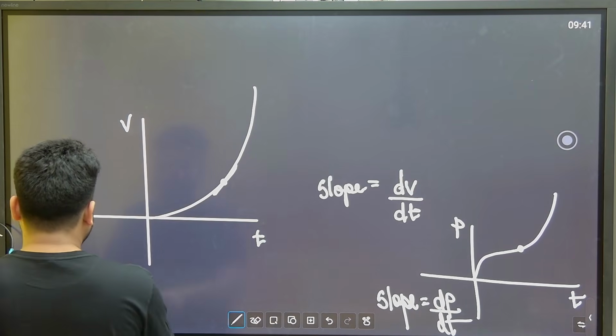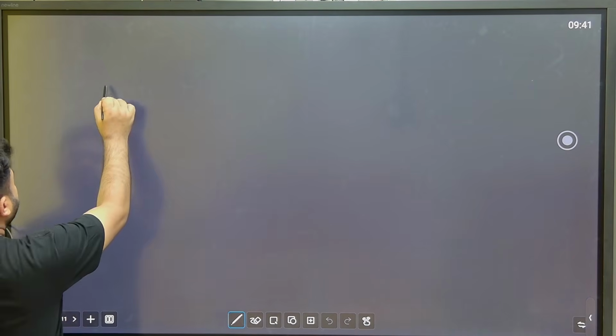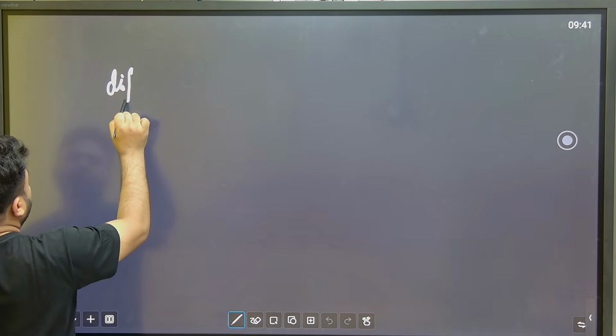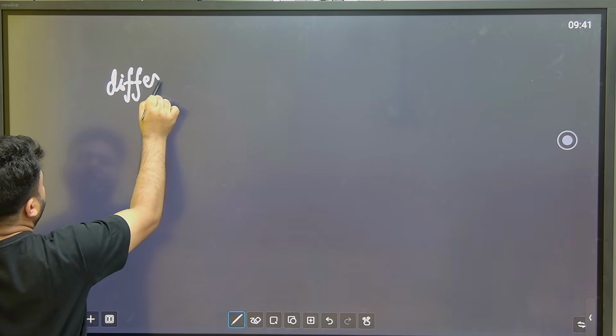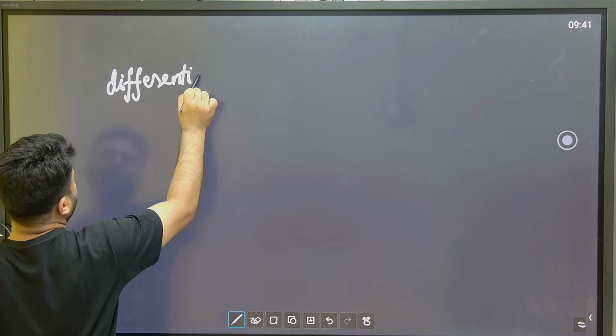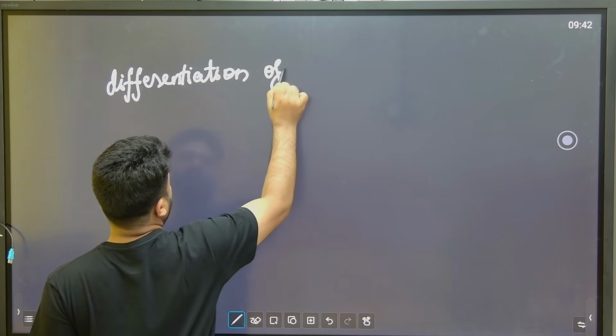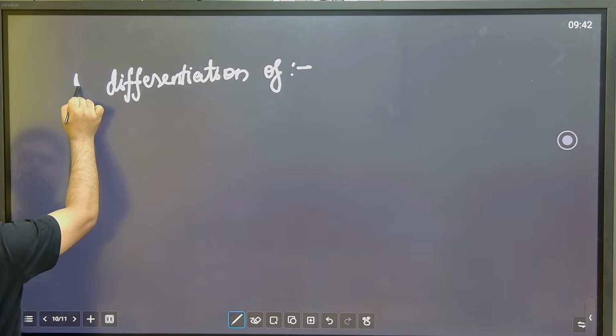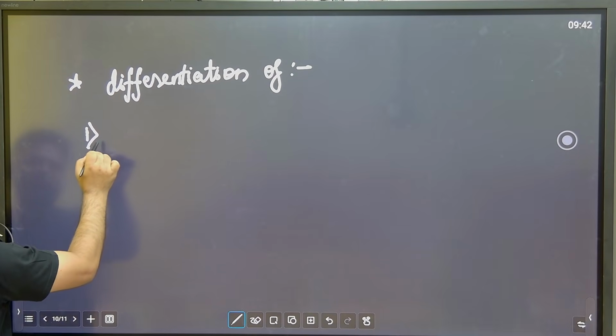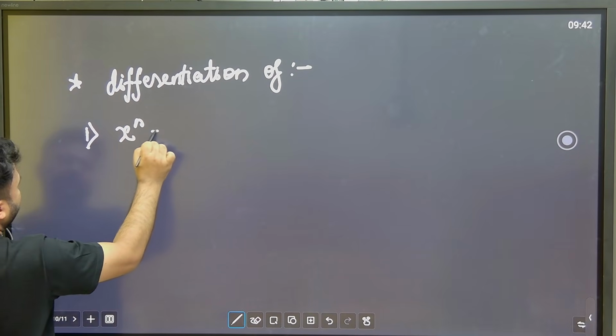Now some differentiation formulas you have to remember. So differentiation of, I am writing first x to the power n.